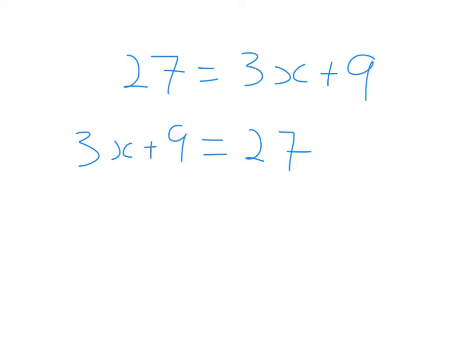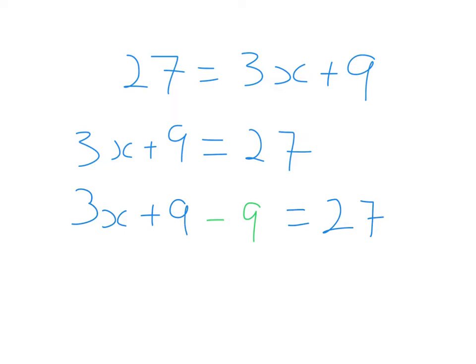Now we're going to treat this question very similarly to the one that we did the last time. We're trying first of all to get rid of our constant number, our 9 here. To get rid of a 9, we're going to take away 9 from this side. So we write out the left hand side as normal and the right hand side as normal, remembering that what we're going to do to get rid of the 9 is subtract 9 from this side.